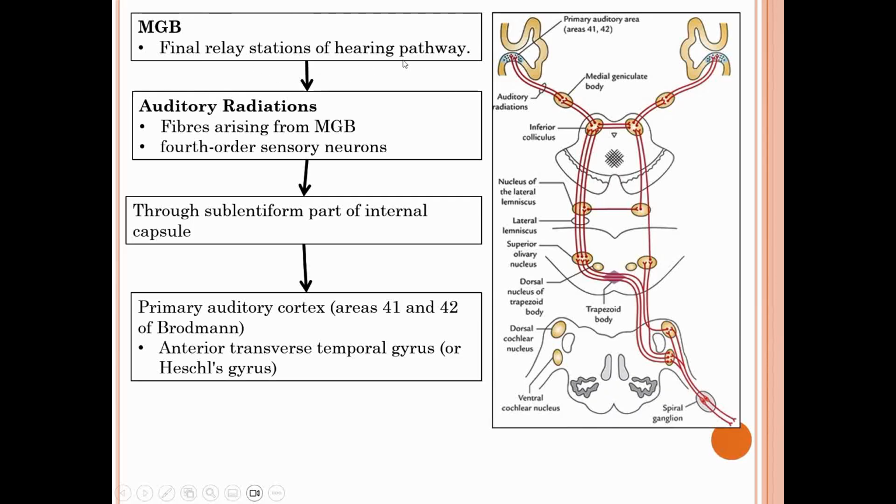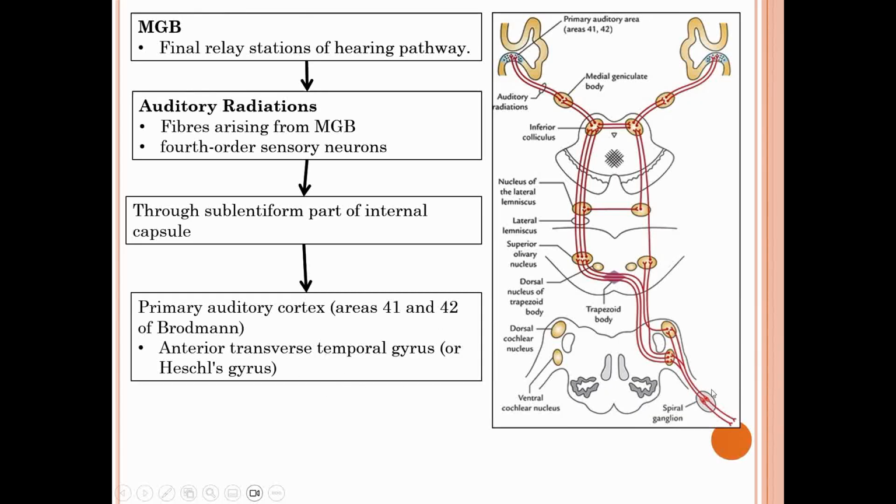That is the final relay station for the hearing pathway. Fibers arising from the medial geniculate body pass through the auditory radiations, passing through the sublentiform part of the internal capsule, and from here the auditory radiations reach the primary auditory cortex, that is area 41 and 42 of Brodmann, located in the anterior transverse temporal gyrus or Heschl's gyrus.